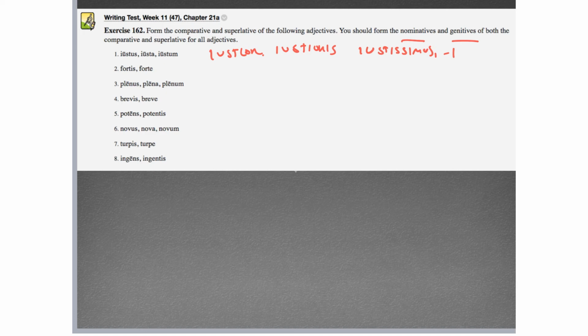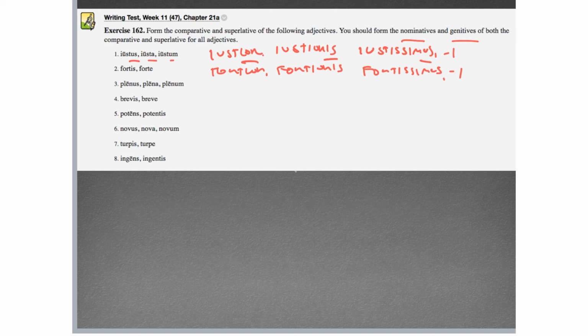You can see that it is a two-and-two adjective, but of course all comparatives will be third, and all superlatives will be two-and-two. I'll do a third declension adjective as well, though it's one we've already seen. So fortior, fortioris. And then fortissimus.